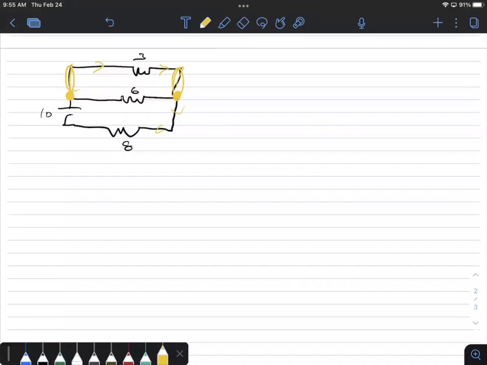So somehow the electron cannot avoid the 8 if it goes to the 3 path, and the same holds for the 6 path. If it goes to the 6, it also must hit the 8. Remember, parallel would say if it hits the 3, it can avoid the 8 if they're in parallel with each other.